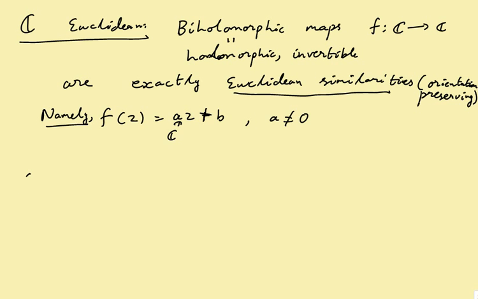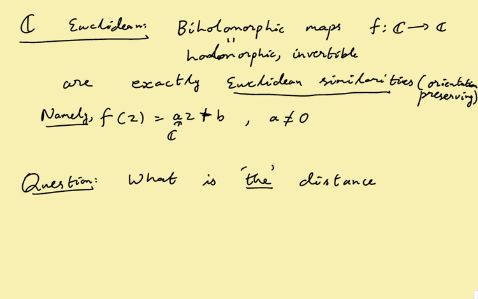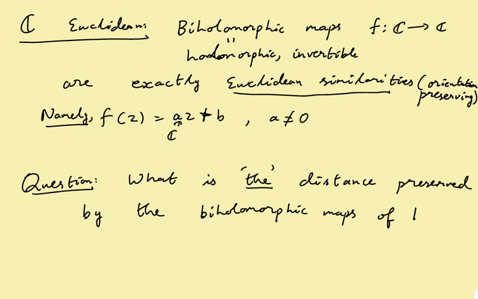Okay, so the question here is what is the distance, and "distance" should be taken in quotes, preserved by the biholomorphic maps, that is the natural symmetries of H or D. We'll enter into these in some detail.